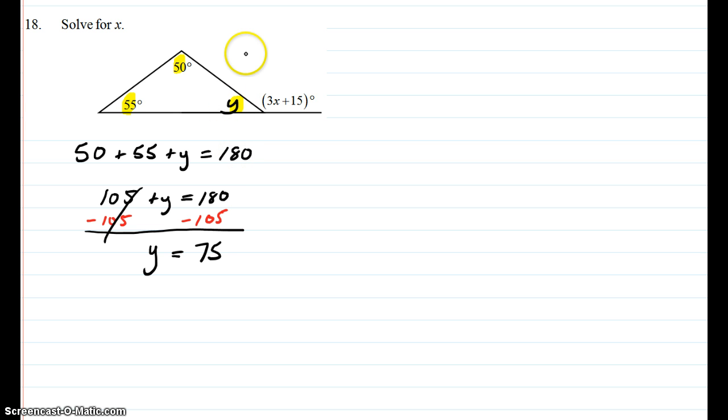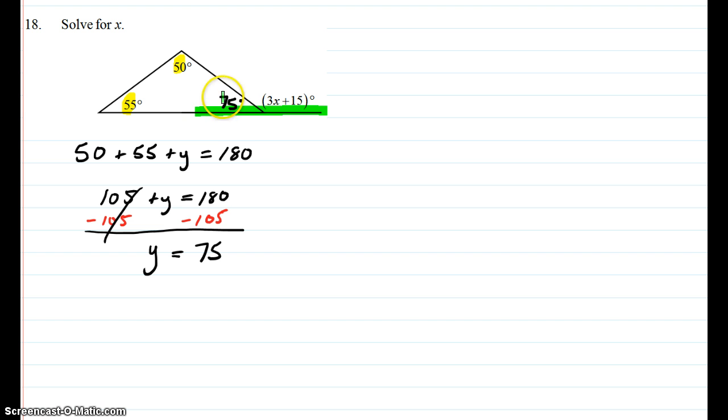So now we know that this angle right here is 75 degrees. The reason we want to know that is because this angle and this outside angle form a linear pair.